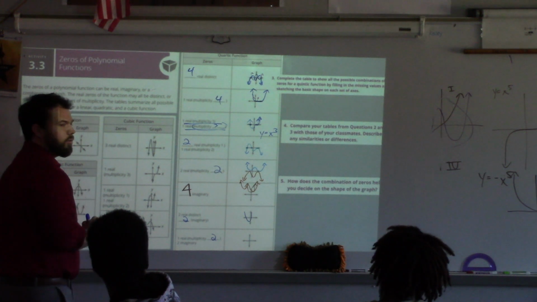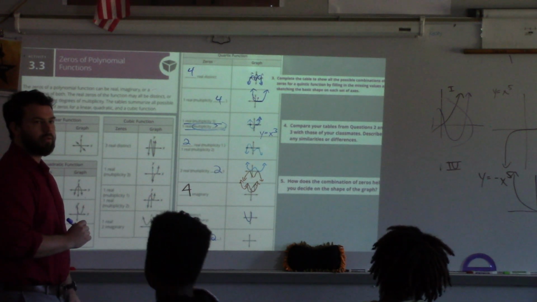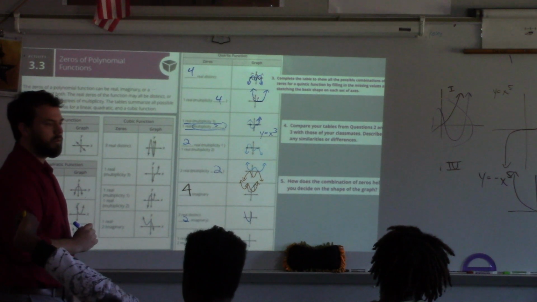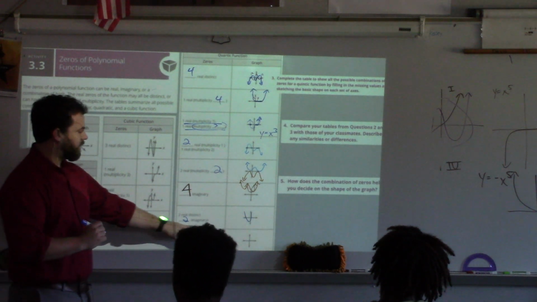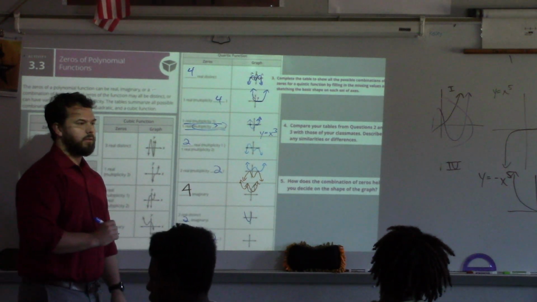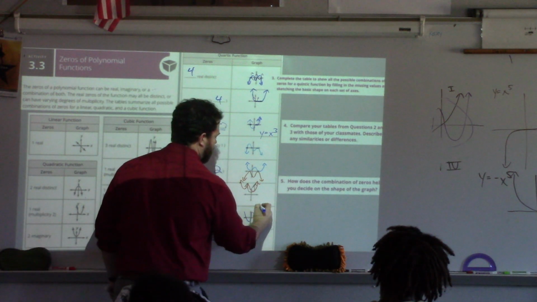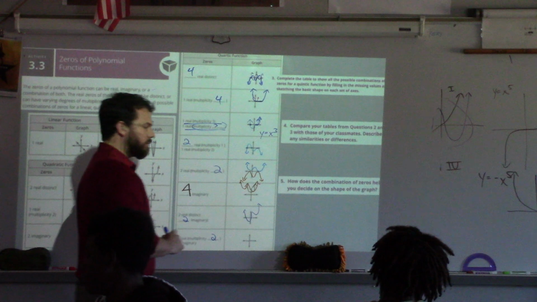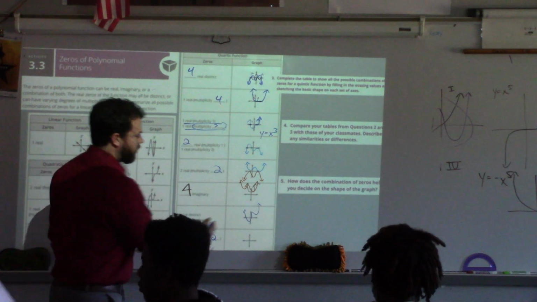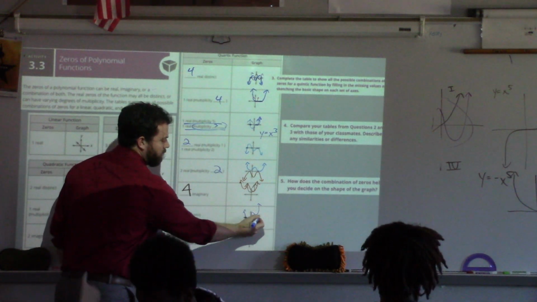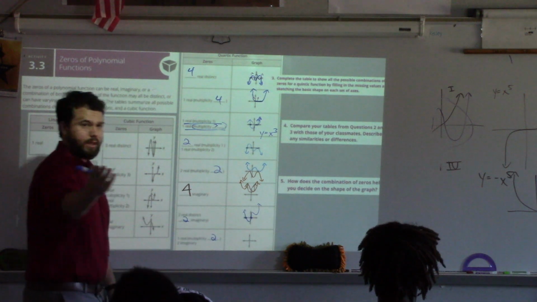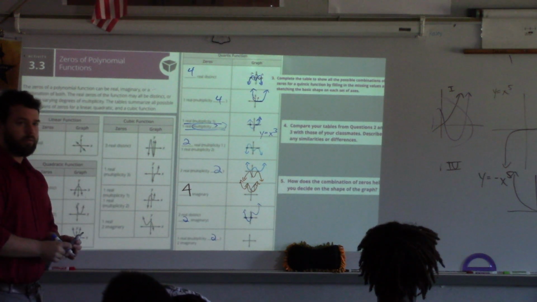But what about for the 2 imaginary? If it's imaginary, does it touch the x-axis? No. So 2 distinct real and 2 imaginary never touches. Does that make sense though, Cameron? You good with that? Okay.